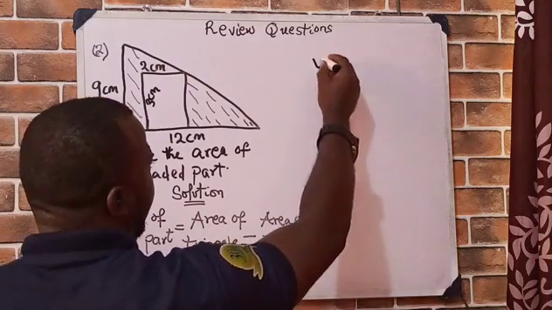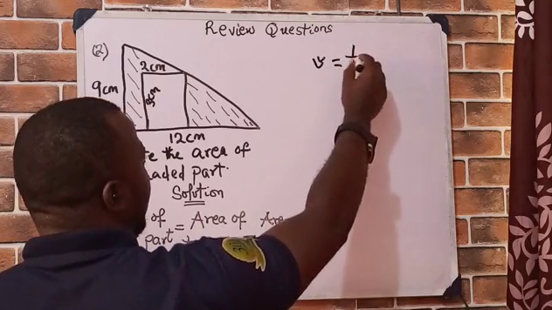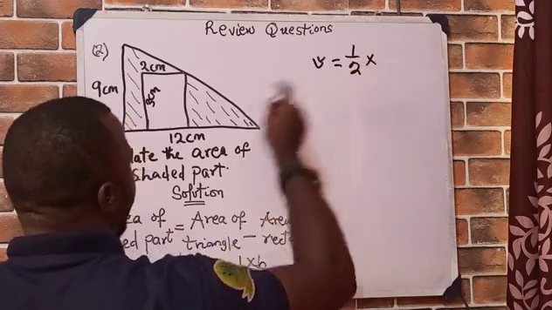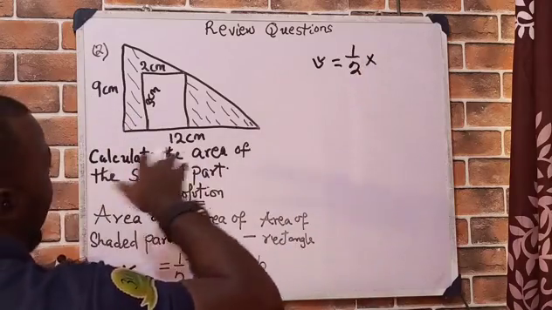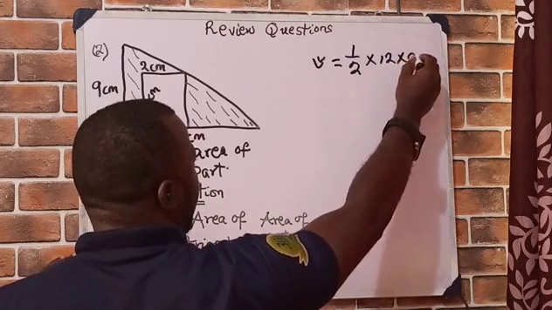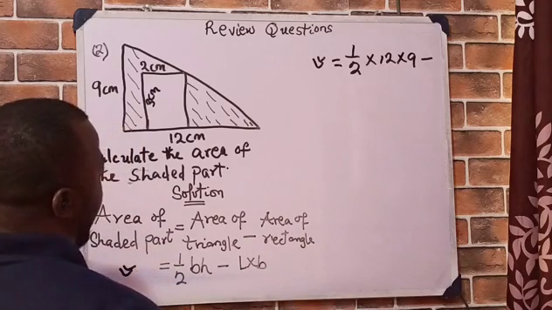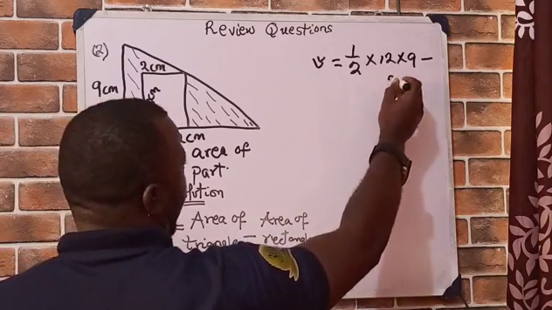We'll have area of shaded part is equal to 1 over 2, the base of the triangle here is 12, and the height is 9, minus the length times breadth of a rectangle, that's 3 times 2.